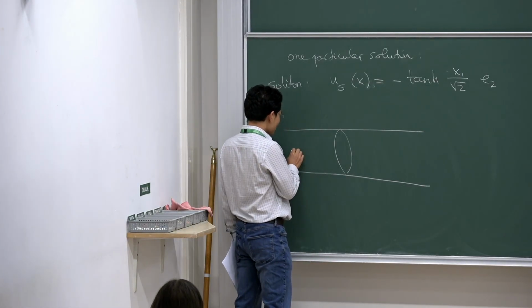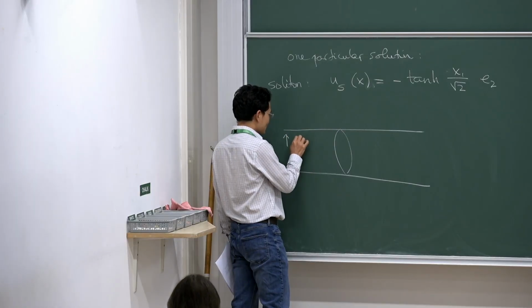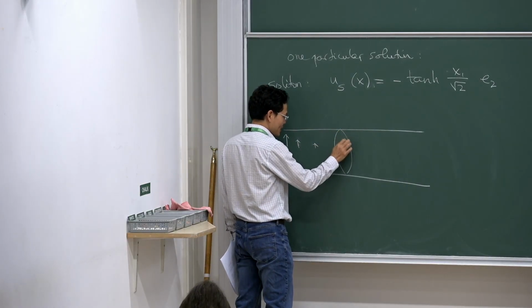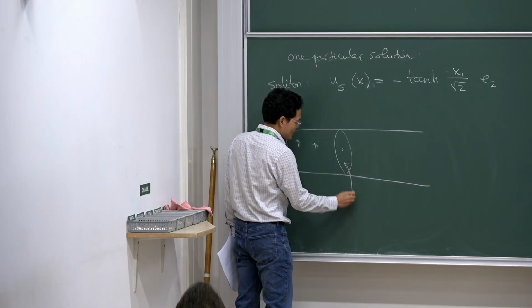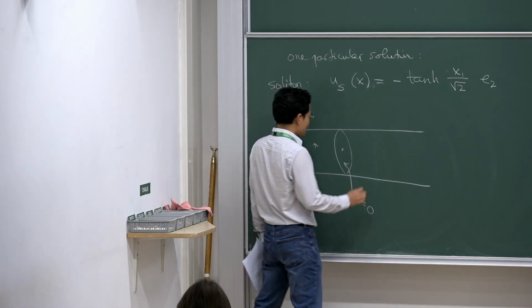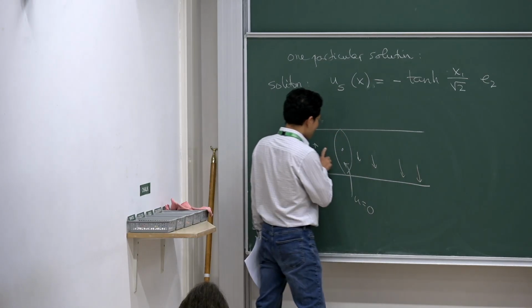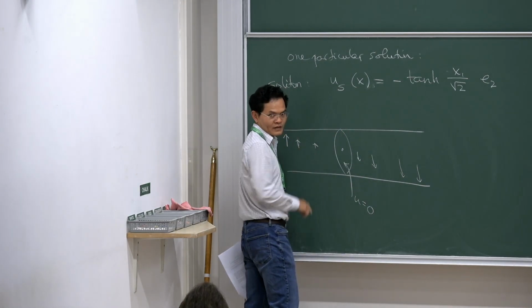Initially the wave function aligns like this. Here it's entirely zero, so u is zero here, and then on this side it goes down that way. At every line on this strip it looks like that.